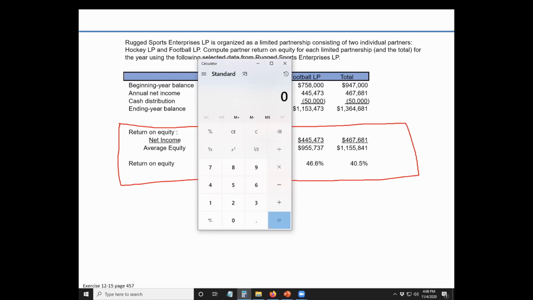And then we take that, which is a 40.5% return on equity.